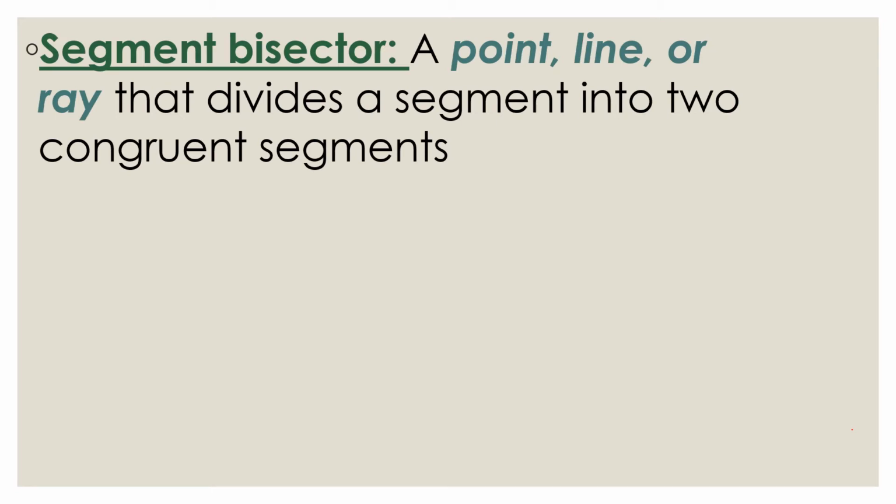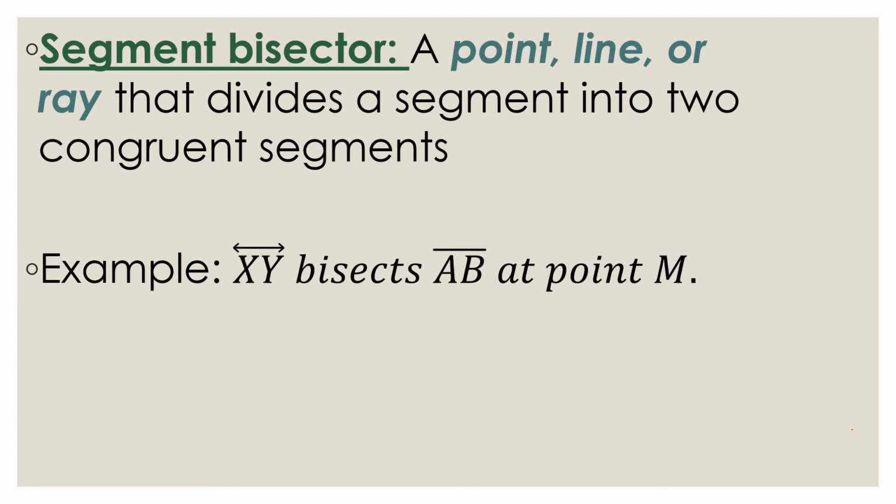A segment bisector is a point, line, or ray that divides a segment into 2 congruent segments. So, for example, line XY bisects line segment AB at point M. Take a second there to write it down, okay? So we have line segment AB, and then we have XY bisects.